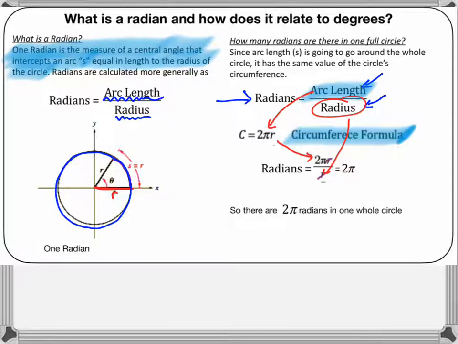And so there are going to be 2 pi radians in one whole circle. So again, 2 pi radians are going to equal 360 degrees.